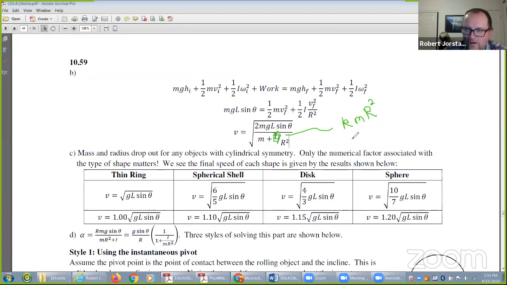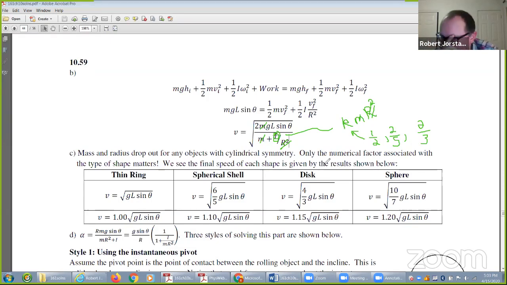Where k, for example, is usually a number like 1/2 for a disk, or 2/5 for a sphere, something like that, okay? Or maybe it's 2/3 for a spherical shell. The point being, notice the m and the r are going to drop out. You've got a mass that drops out, and this radius squared drops out. And it turns out mass and radius don't matter. It's the shape. Isn't that crazy?